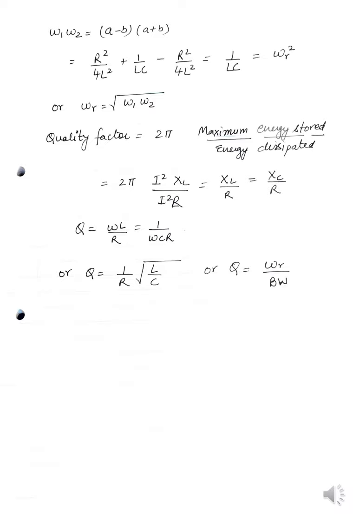So you need to use the term 2 pi with it also. So it will be Q equal to 1 upon R times the square root of L upon C, or you can say Q is equal to omega R divided by bandwidth.